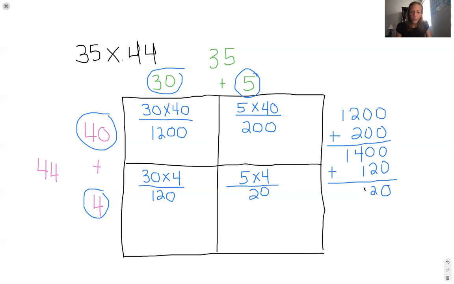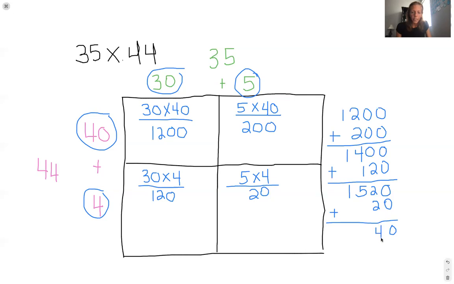400 and 100 is 500. And then there's no thousands again. And our last 20. So we have no 1 still. 20 and 20 more is 40.